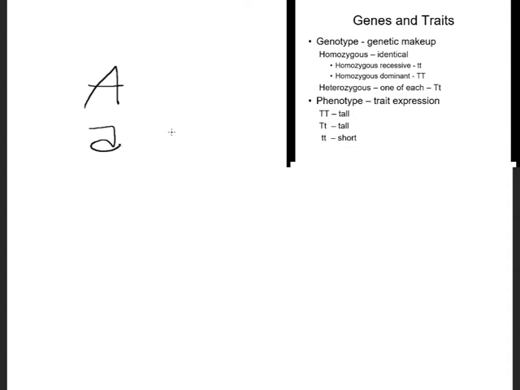And so I'm going to set it up on the exam saying, this parent is homozygous dominant, this parent is heterozygous. What are the chances that they'll have a child that is heterozygous, right? So you'll set it up by saying, okay, one parent is homozygous dominant, the other parent is heterozygous. We're doing the Punnett square here.